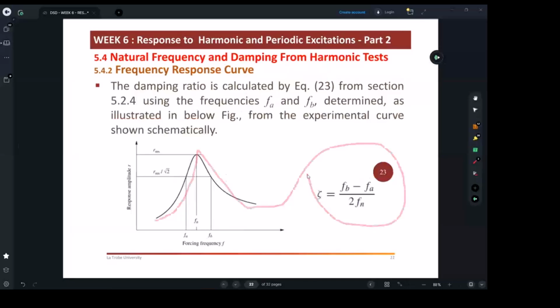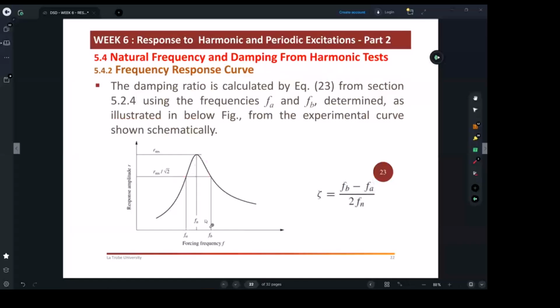alongside this equation 23, which we used before, to find various unknowns. For example, maybe you need to find the damping ratio. From the curve, you will be able to determine straight away the natural frequency. And from the curve, you will be able to indirectly find frequency A and frequency B, which are the left-hand side and right-hand side frequencies.